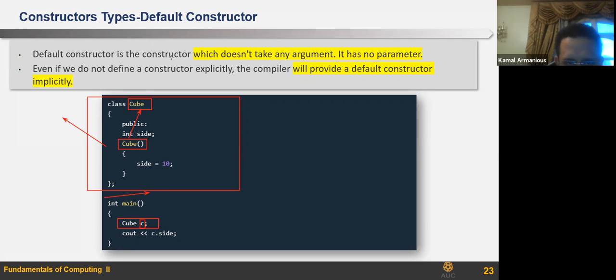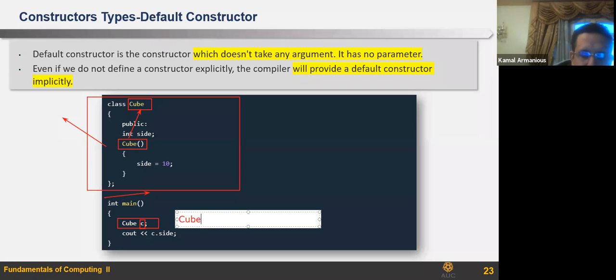As far as cube C, I don't put any brackets here, so it will call the default constructor. What is the default constructor?